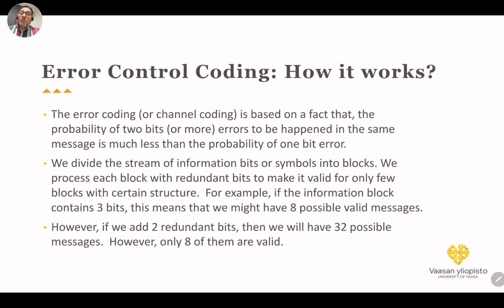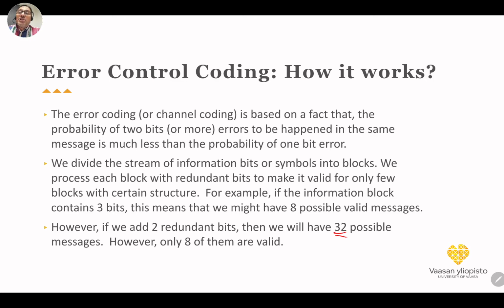The other 2 are the redundant bits, sometimes called parity bits or check bits. Now, out of those 5 bits, how many combinations do we have? We have 32.